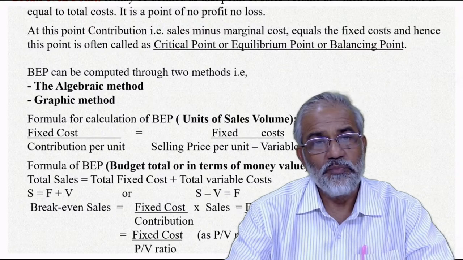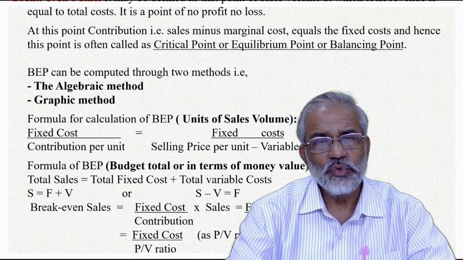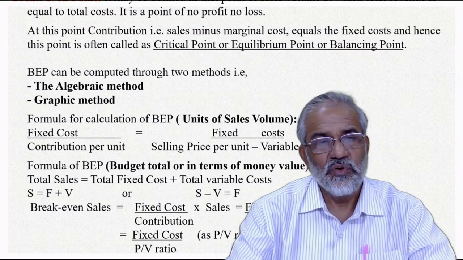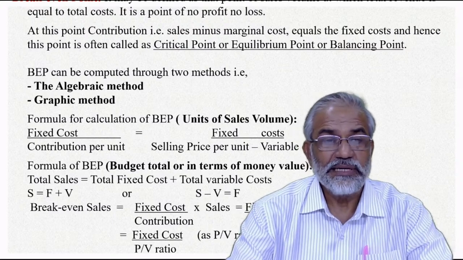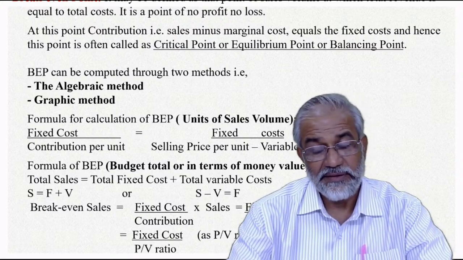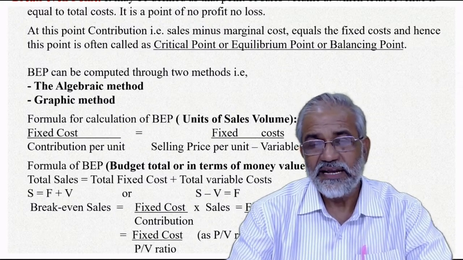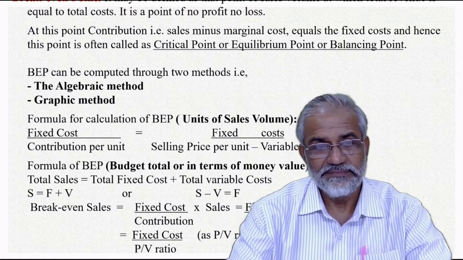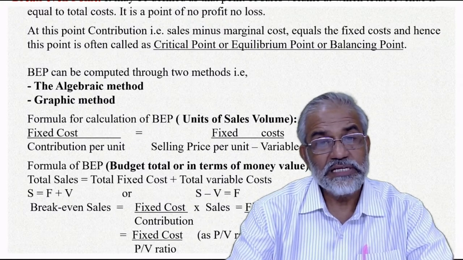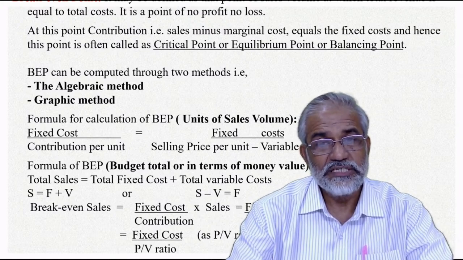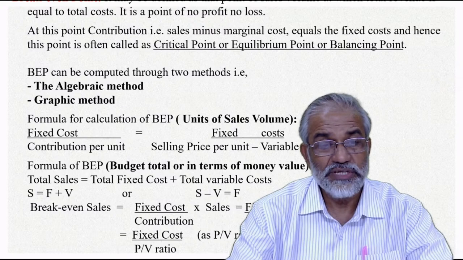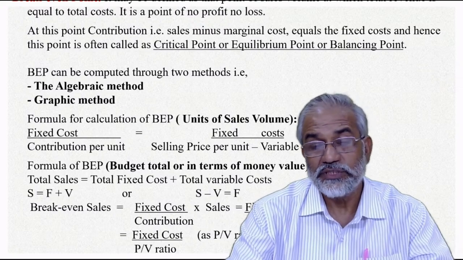So BP can be computed through two methods, that is the algebraic method and the graphic method. There can be a graphical presentation of the break-even point, or there is another, algebraic method of presentation. The formula for calculation of BP in units of sales volume is equal to fixed cost divided by contribution per unit.